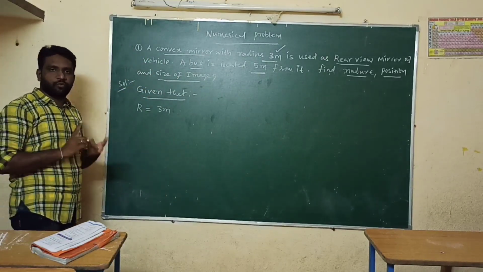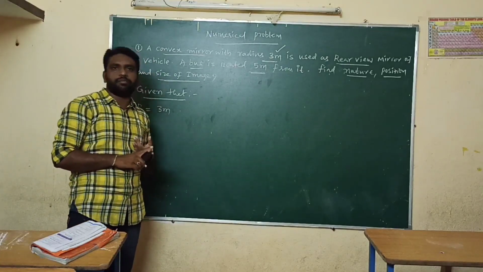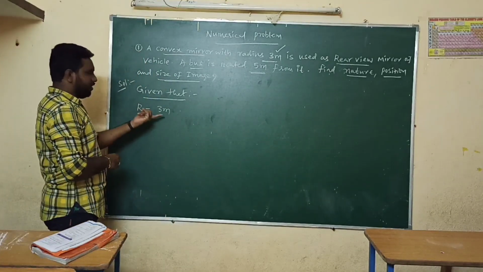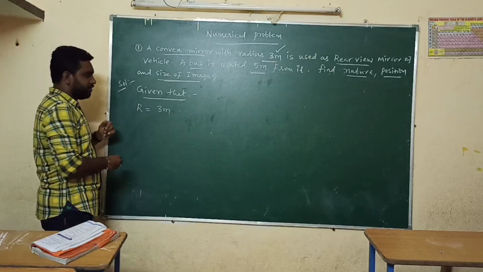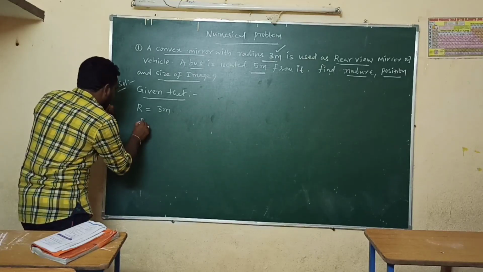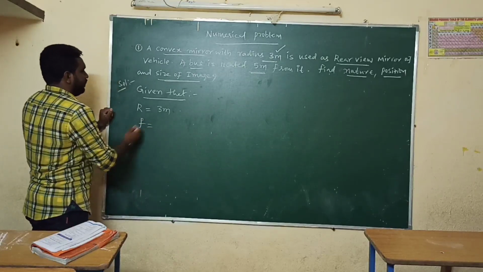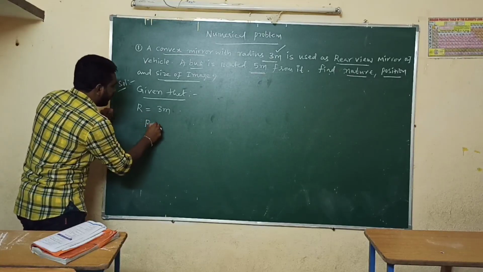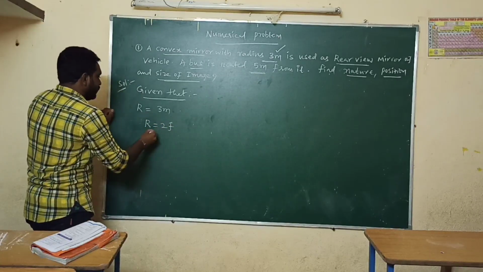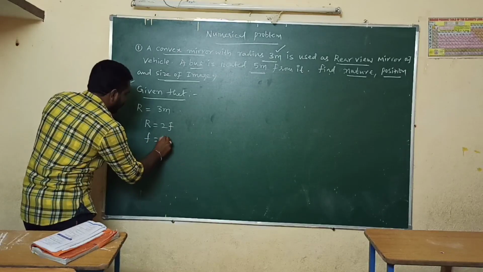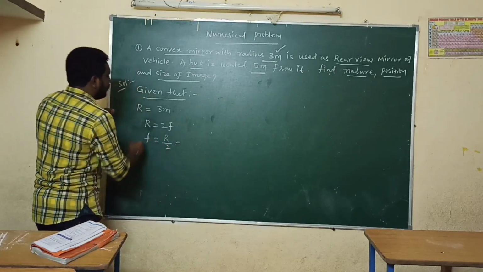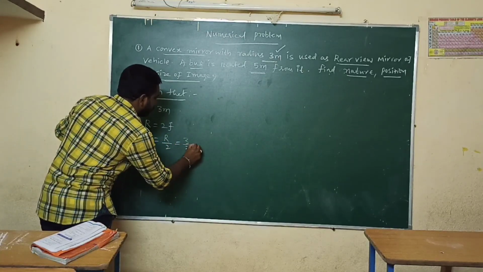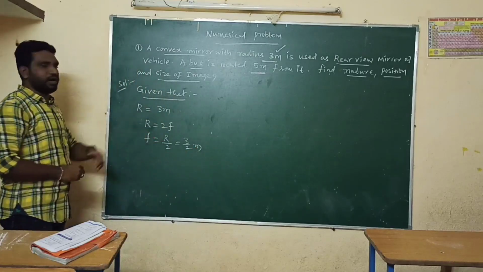In case of convex mirror, focal length and radius of curvature both are positive, so r equal to plus 3 meters. But we need to find the f value. We know that radius of curvature r equal to 2f, so f equal to r by 2, that is 3 by 2 meters. So this is the focal length.